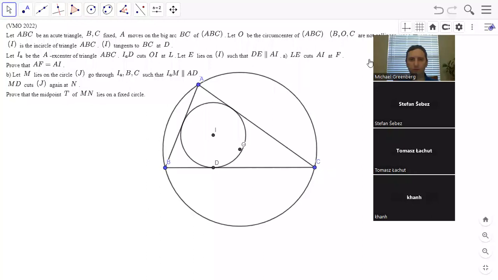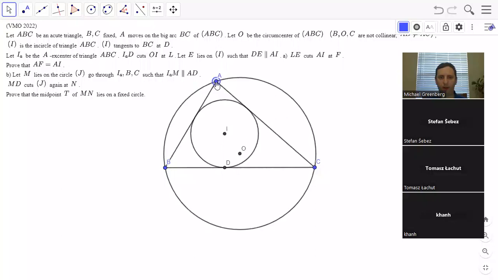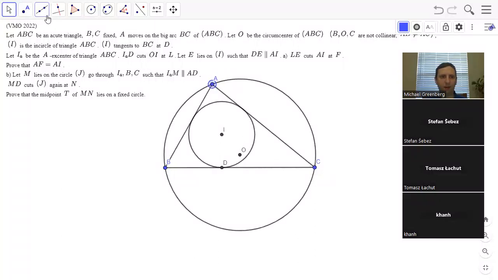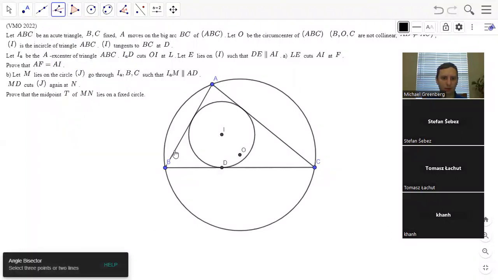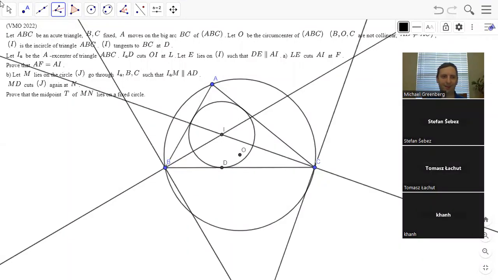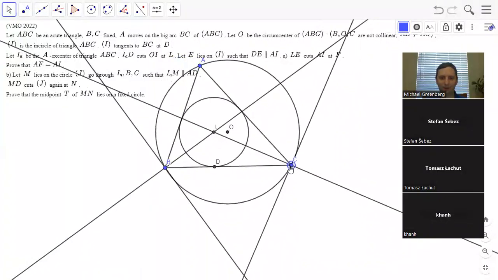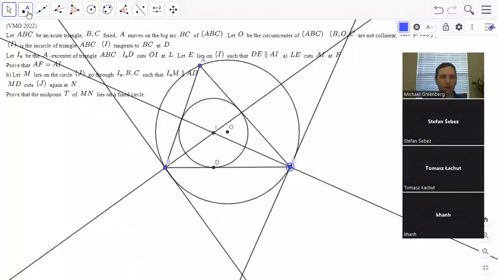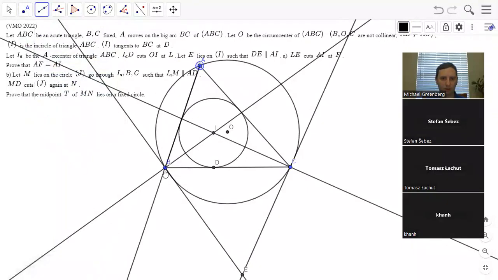So we want to draw the A-excenter. I mentioned doing it like this, so this is my favorite way to do it. There's the excenter. Let's draw the excircle.